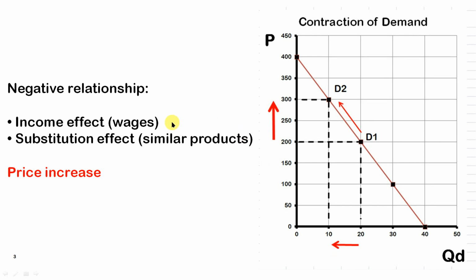Because of this income effect, an increase in price results in a decrease in quantity demanded.